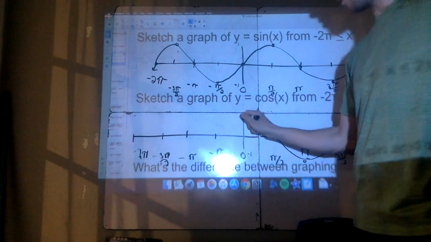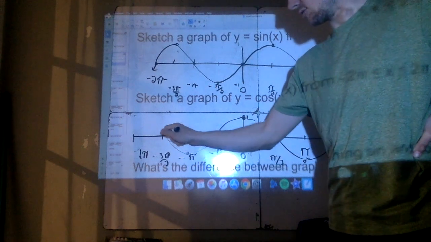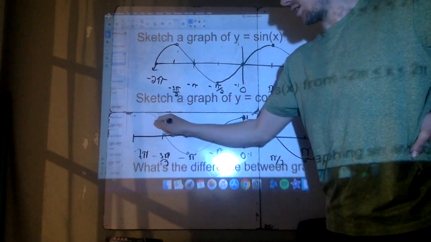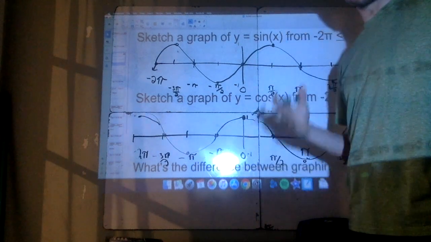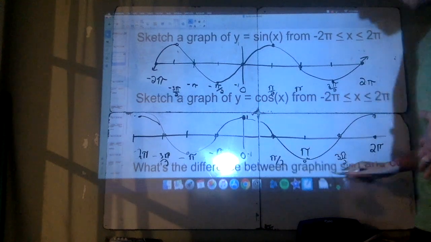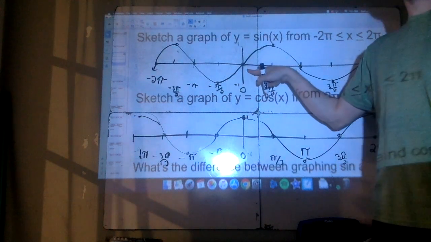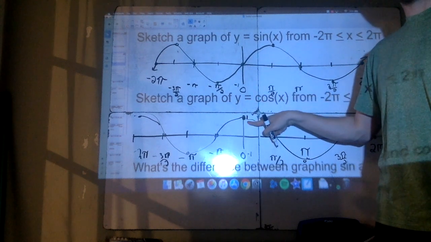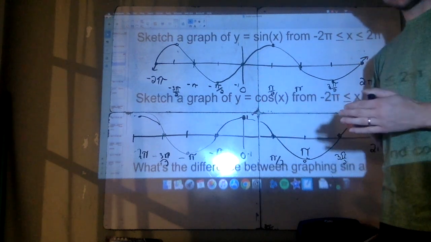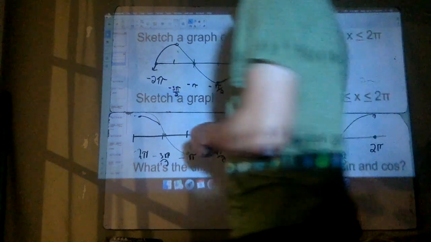So it starts at 1, but it's still following that same pattern of making that wave with a maximum of 1, minimum of negative 1. So the important answer here, the difference between graphing sine and cosine: sine starts at 0, cosine starts at 1. So make a note of that somewhere in your notebook, because that's very important when we're graphing these.